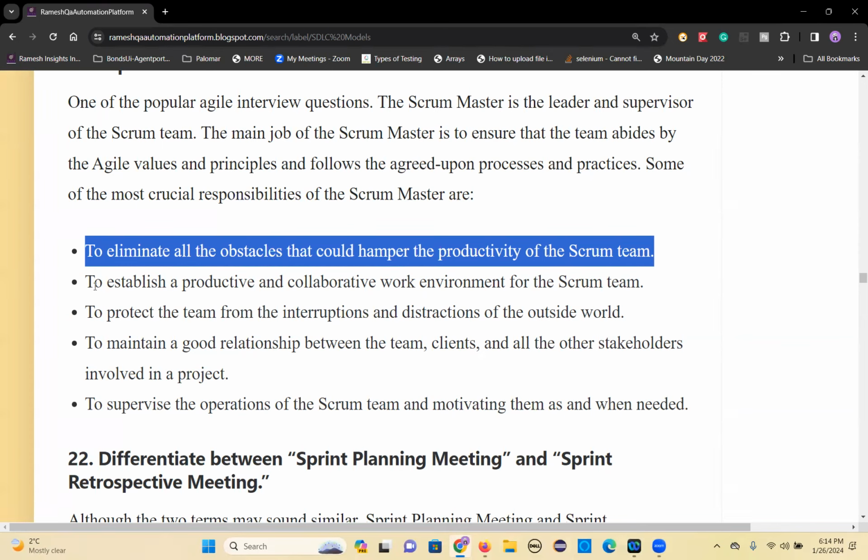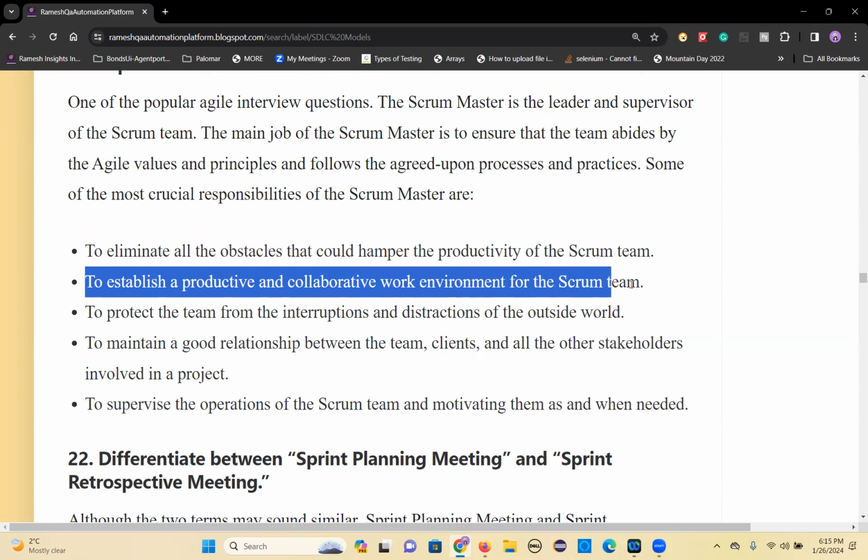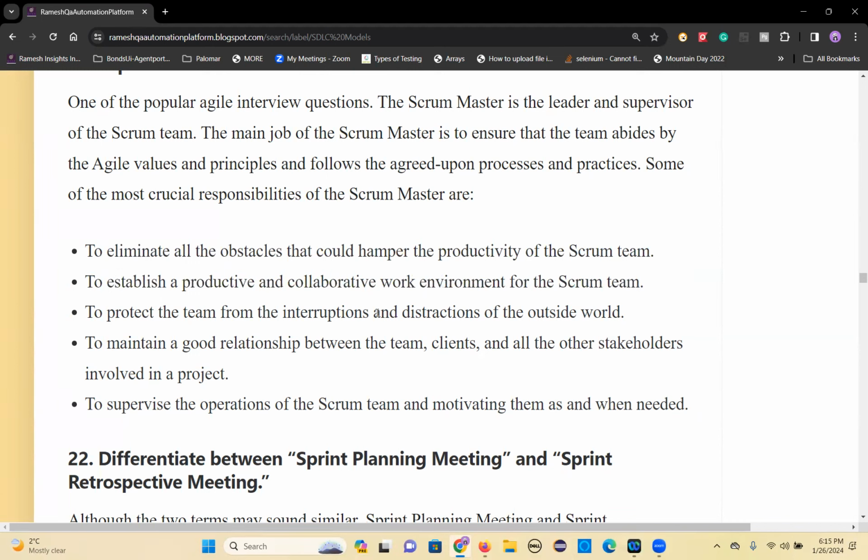Second point, to establish a productive and collaborative work environment for the Scrum team. That's what I told you, right? Collaborative means different teams you want to interact with. He will bring other team members to the meeting and give you as much information as you require.